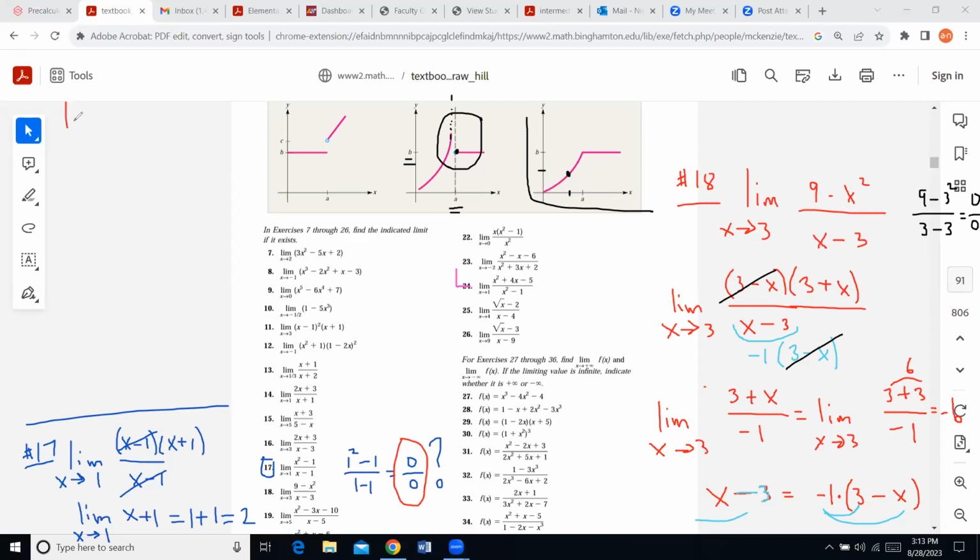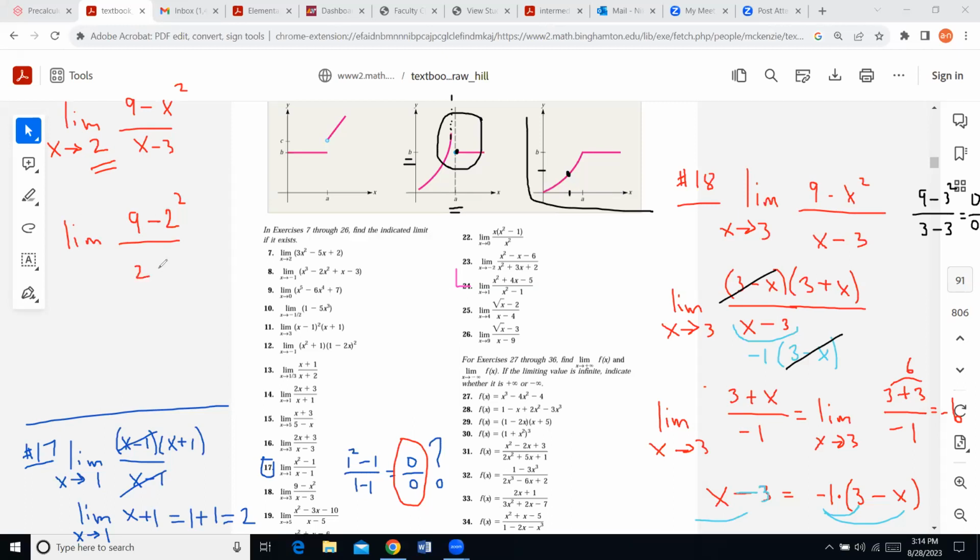Like, let's say I have the same limit, 9 minus x squared over x minus 3, but instead of 3, let's say x approaches number 2. I just made up an exercise to show you that the only problem is at 3, because if you plug 2 instead of x, there'll be no problem here at all.